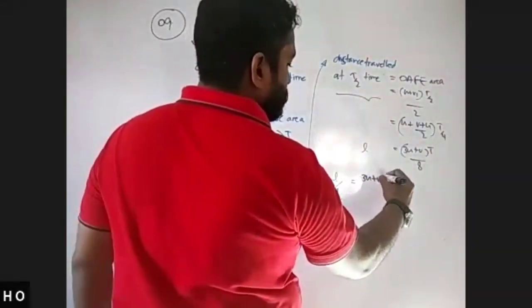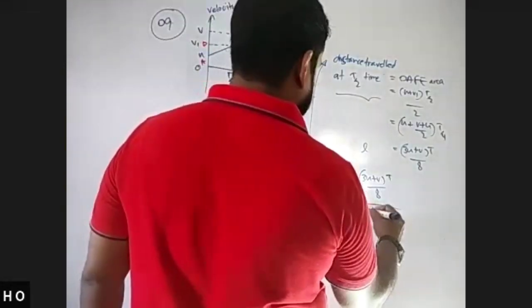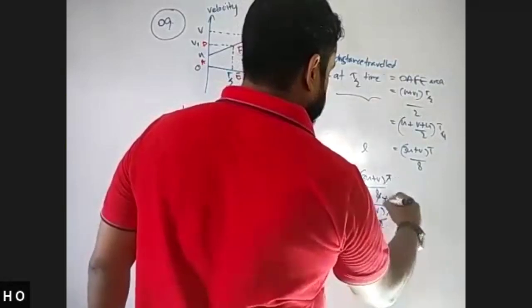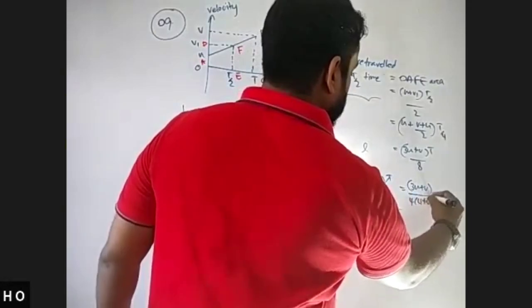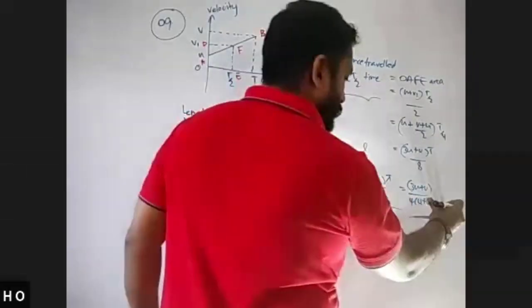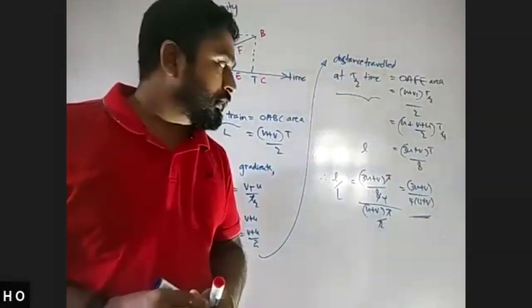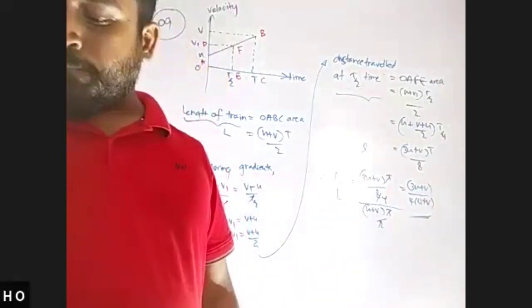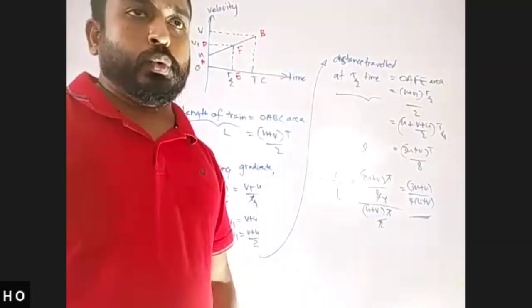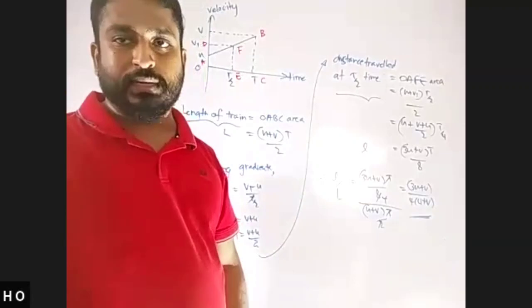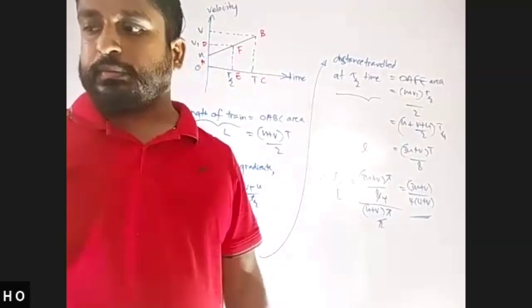So (u plus v) into t by 4 over (u plus v) into t by 2 gives the final answer. Is that clear? That is the answer. Obviously, you will have one VT graph question for the short questions and half of the essay as question 11. So you have to get ready. Please revise the things and do the corrections.